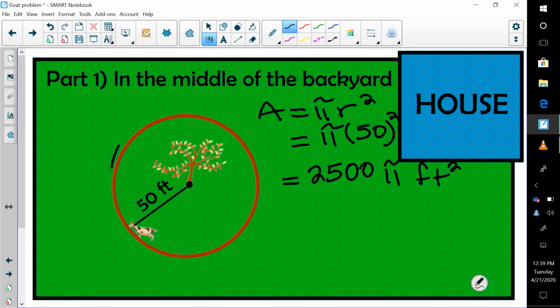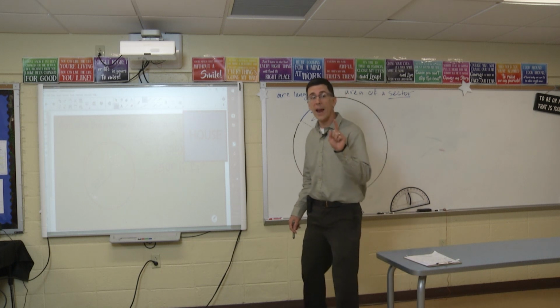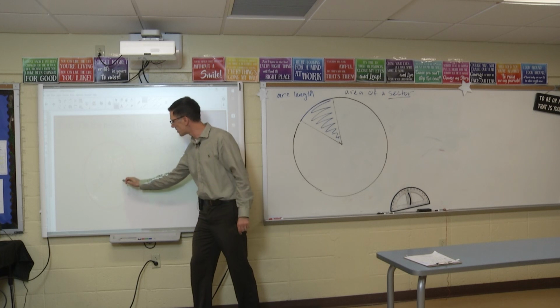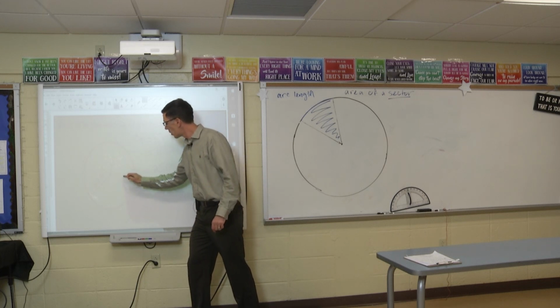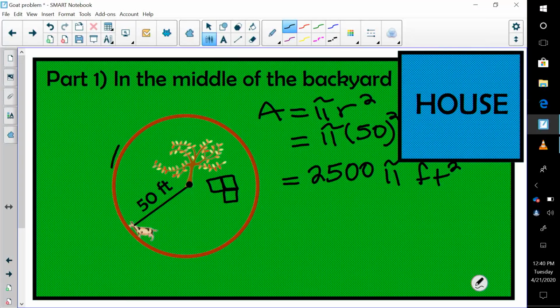And that is going to be in square feet. It's important to note that last week, when we dealt with circumference, it was in linear measurements, measurements that you could measure with a ruler or a tape measure. This week, when we're dealing with area, area is always calculated in square units, which in this case would be square feet, how many square feet exist within this circle.